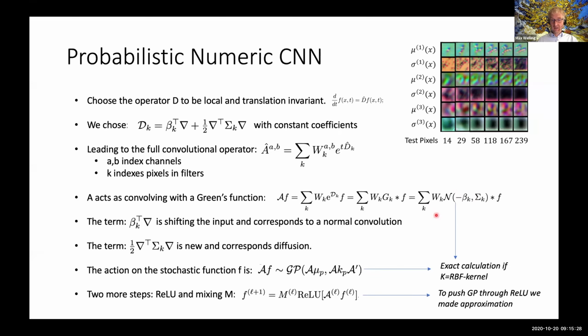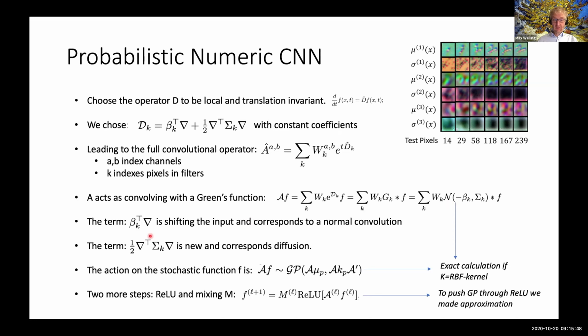Okay, and the nice thing is that if we choose certain Gaussian processes, we can actually do this convolution exactly, as I will come to later. Okay, so that's what it means to apply this formal solution of the differential equation. It basically means you have to convolve with the Green's function.